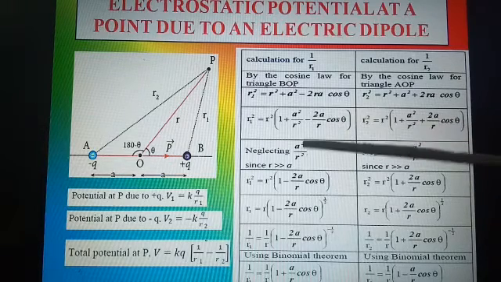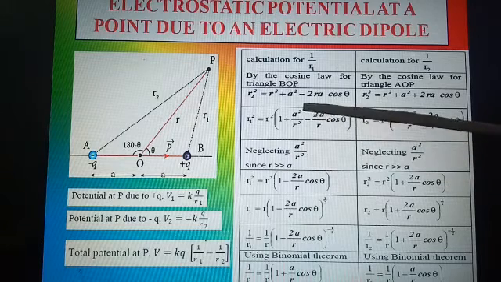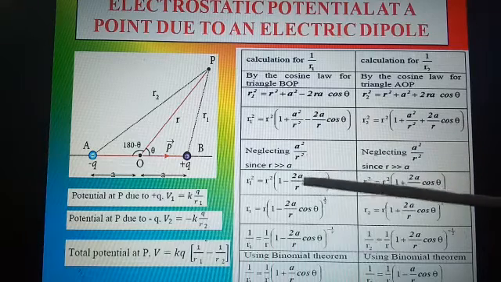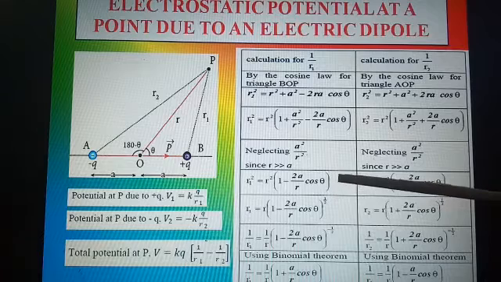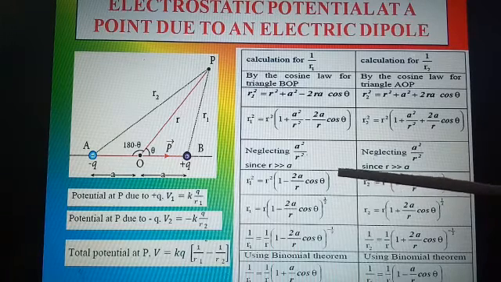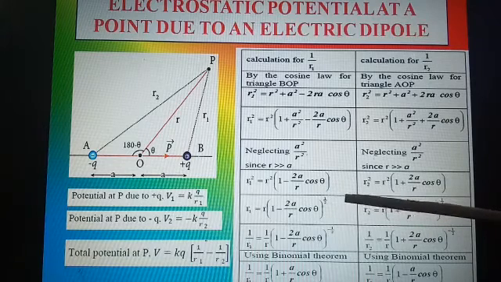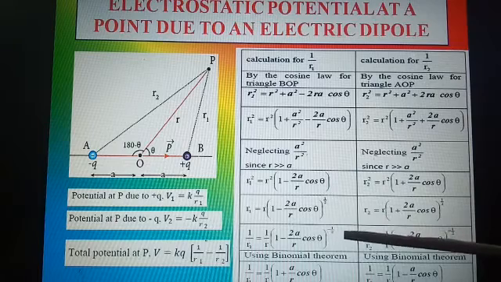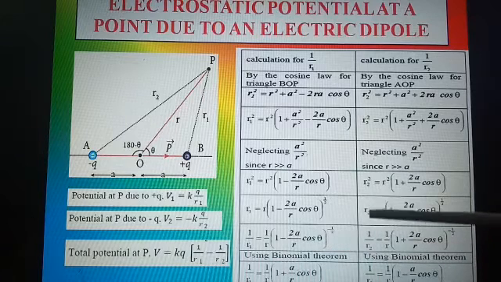Here the A value is so small compared to R, so we neglect the A square by R square term. So the remaining R1 square is equal to R square into 1 minus 2A by R cos theta. Taking the square root on both sides, R1 is equal to R into 1 minus 2A by R cos theta, to the power half. So we can write 1 by R1 is equal to 1 by R into 1 minus 2A by R into cos theta.